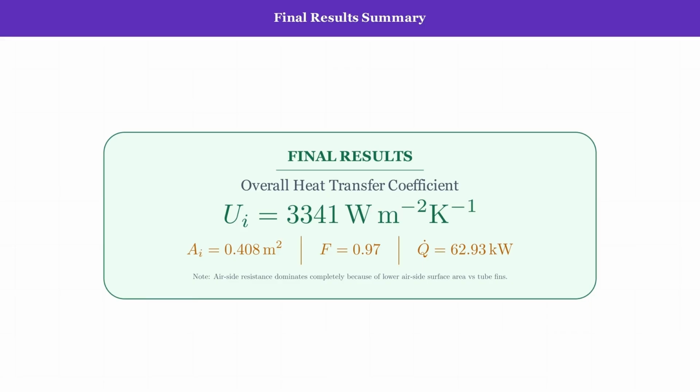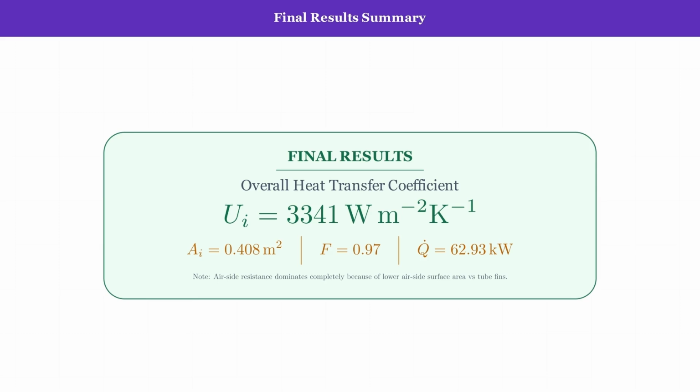A thin metallic tube wall adds negligible conductive resistance. But air, low density, low thermal conductivity, has forced convective coefficients that are 1 to 2 orders of magnitude below liquid water. The air side is the bottleneck, and it is the air side that pulls the overall coefficient to the value we computed. This is precisely why every automotive radiator is covered in thin metal fins.